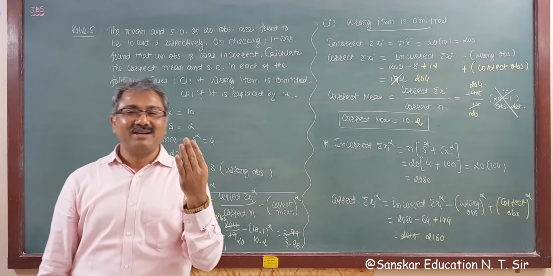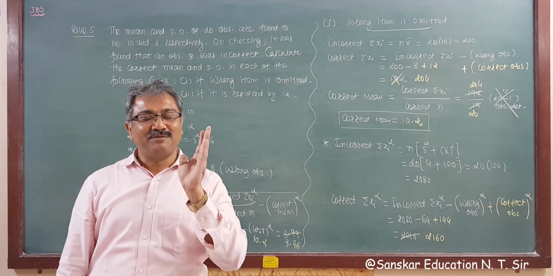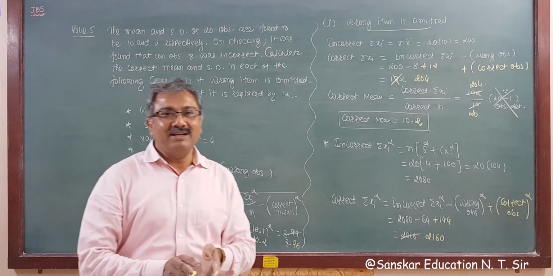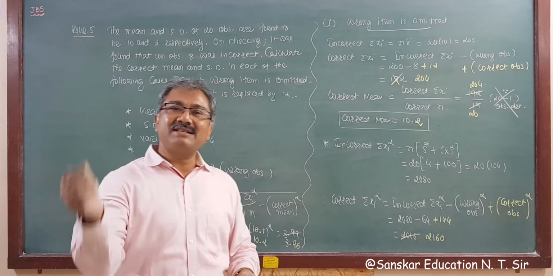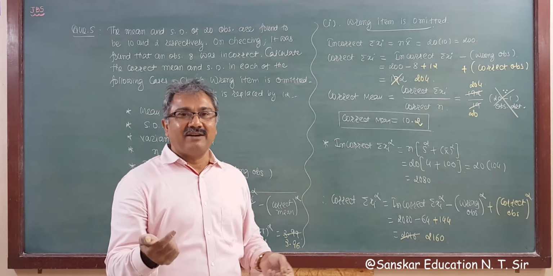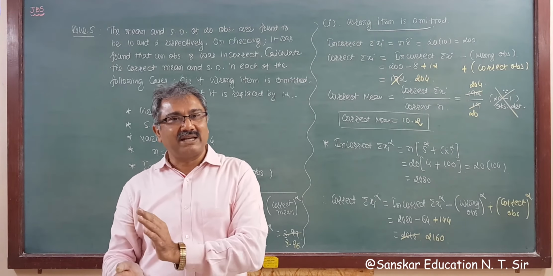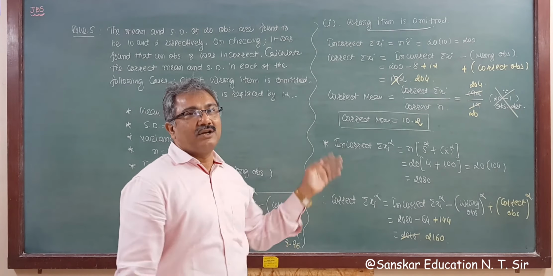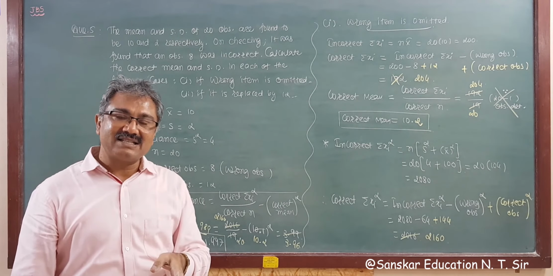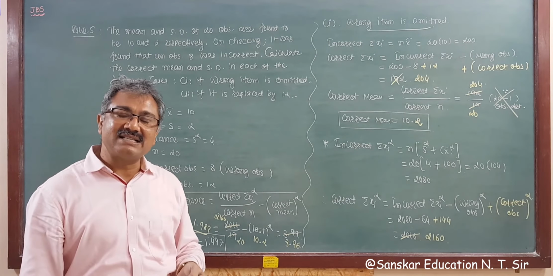So you are able to solve this type of examples, and these are the most important questions for 4 marks for your exam. Okay, so these types are very important. Remember one thing: while observations are omitted, the total number of observations is less, and while replaced, the total number of observations remains the same, right? For this type of questions you have to find incorrect sigma xi, incorrect sigma xi square, and then correct sigma xi and correct sigma xi square, right?